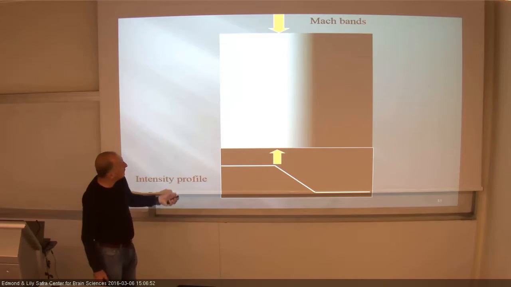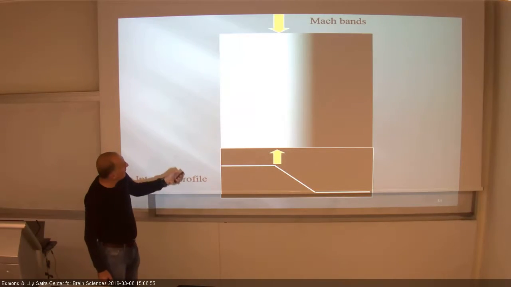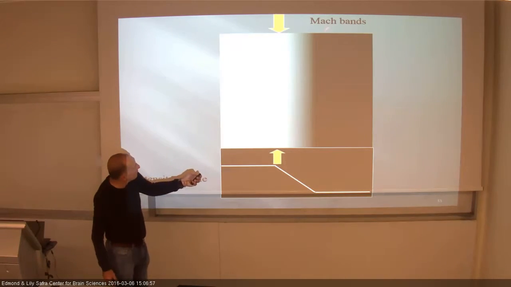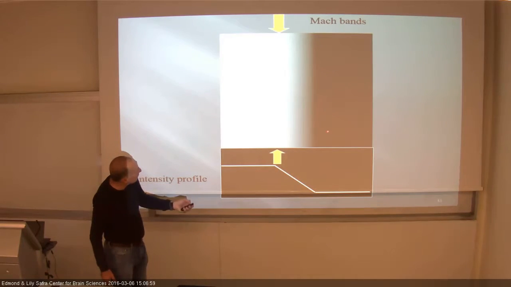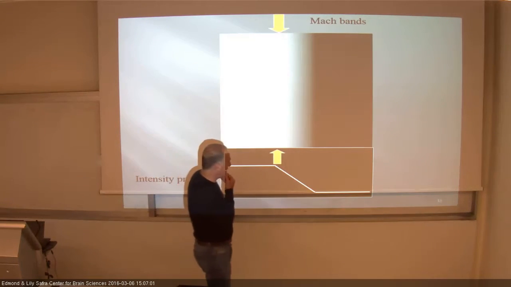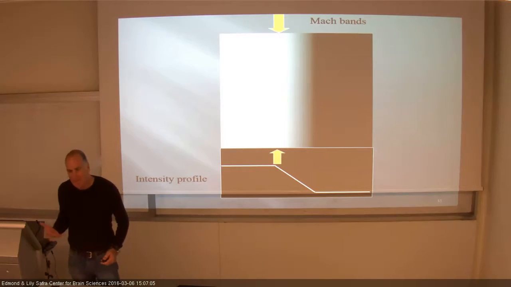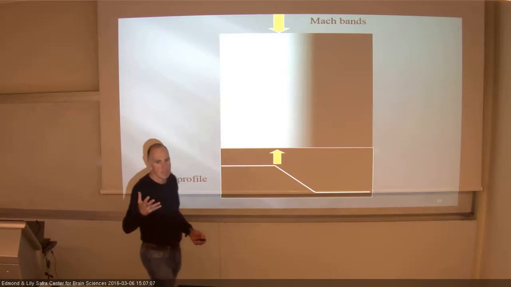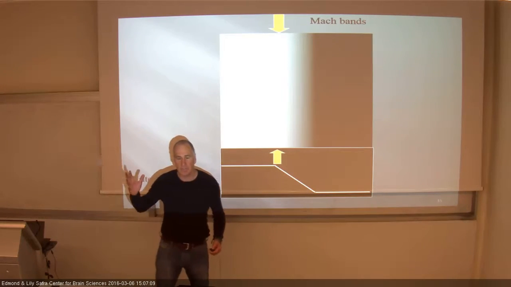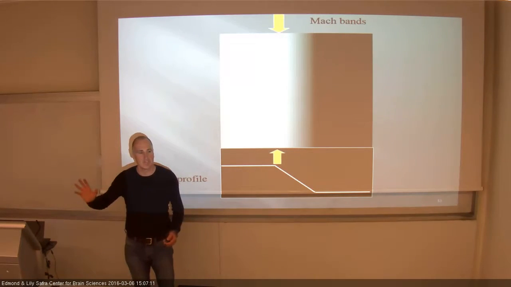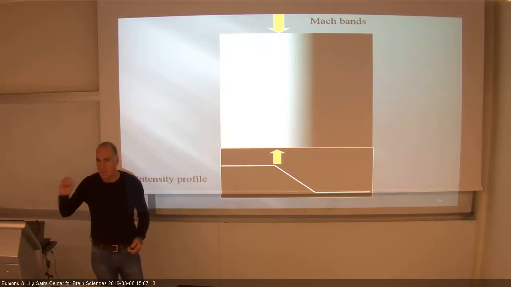Well, we all see these sort of bands, a band of light here and a band of dark here, which here seems to be darker than the background. And the reason for this is, we said, one can understand that at the level of processing already at the retina. Remember, we talked about retinal ganglion cells which have the center surround mechanism.